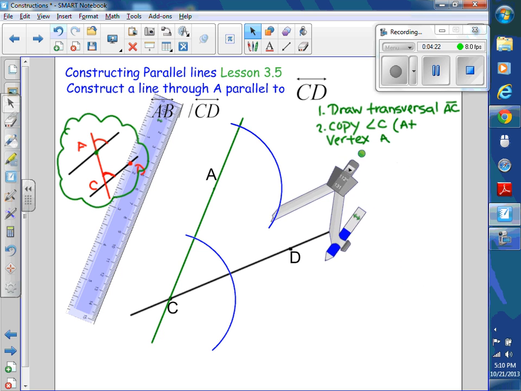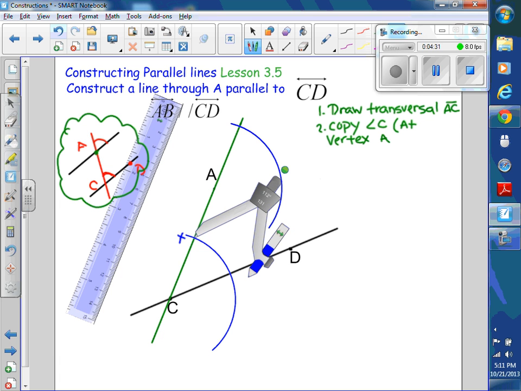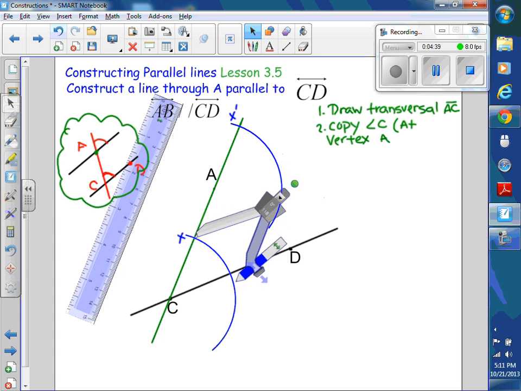So in continuing to copy the angle, I have to measure the opening of the angle. We call this point X. This is X prime. So these points correspond. So I'm getting the opening, how wide the angle is. So I'm just checking with my compass to see if I have matched the opening.